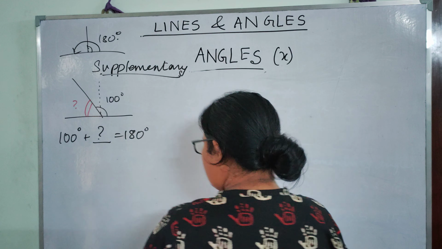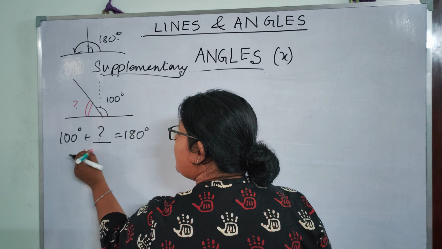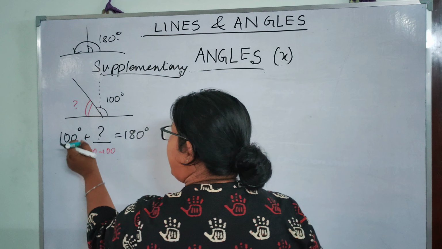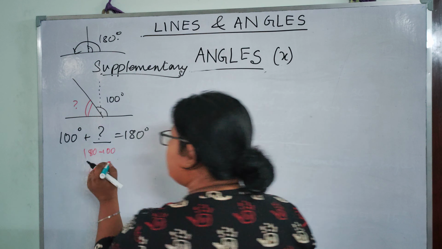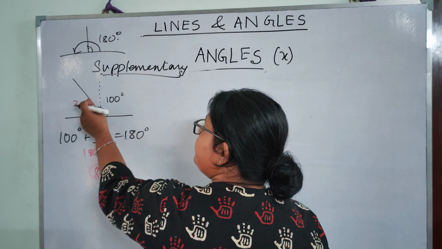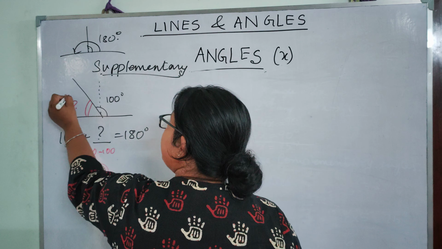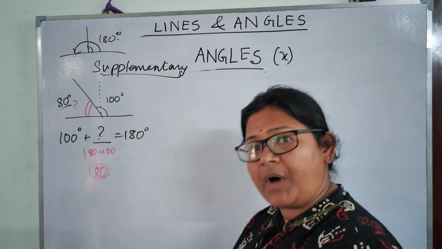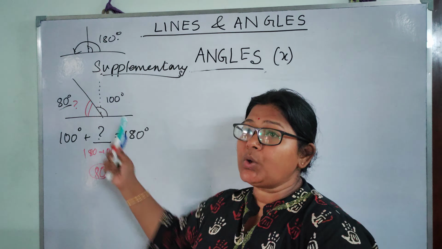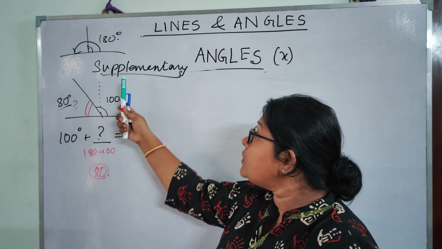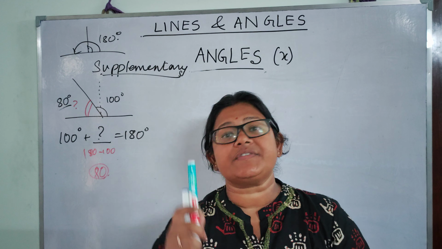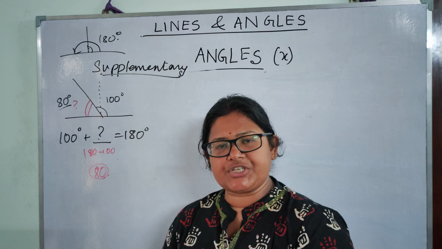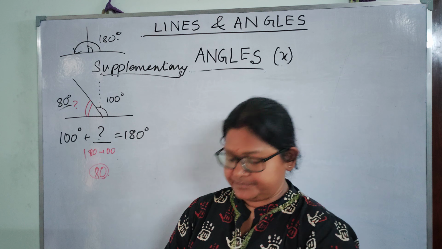So what will be the value of this? Obviously the value will be 180 minus 100, which is equal to 80. So hence I can say if this is 100 degrees, this has to be 80 degrees. Why? Because the addition of two angles is always equal to 180 degrees in case of supplementary, if that condition is given.